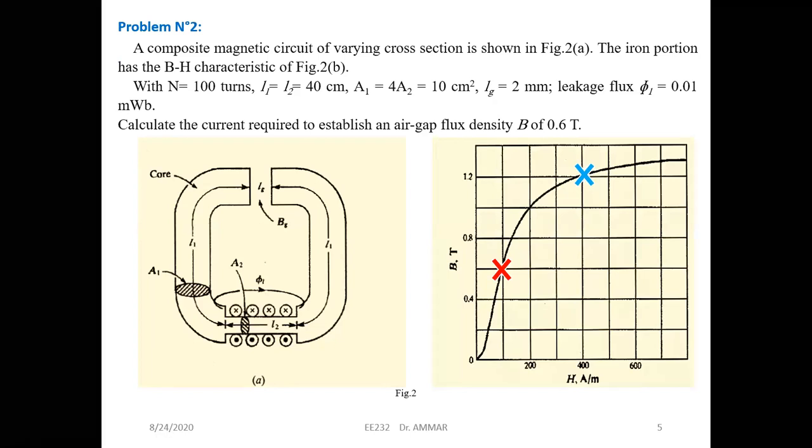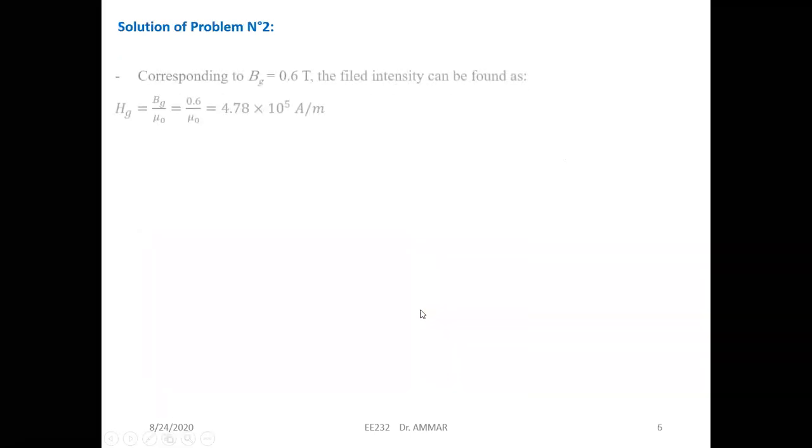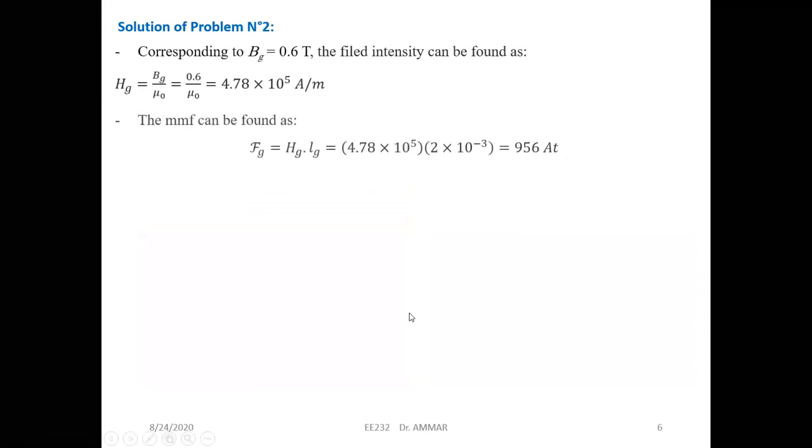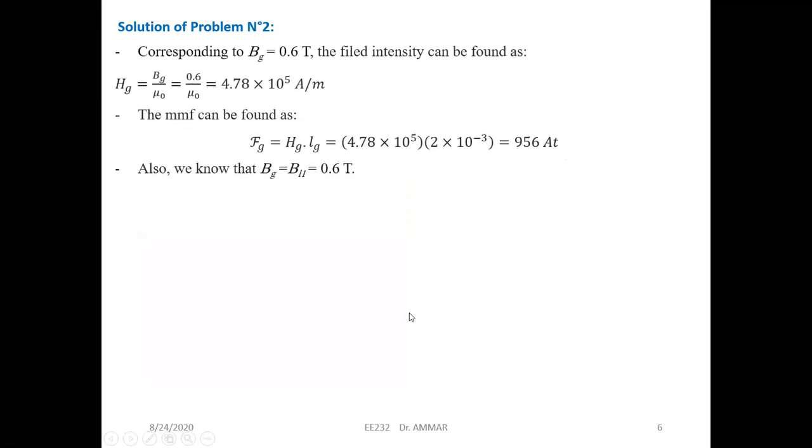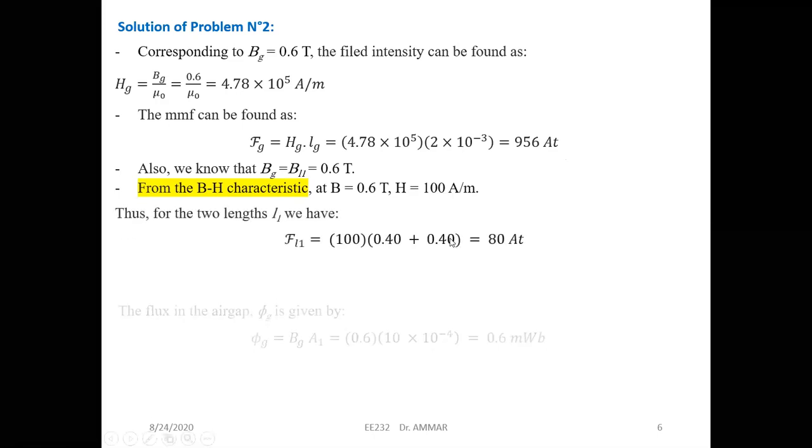I will check this point. Why in this part did they consider the leakage flux, but in the air gap and in L1 it is not considered?